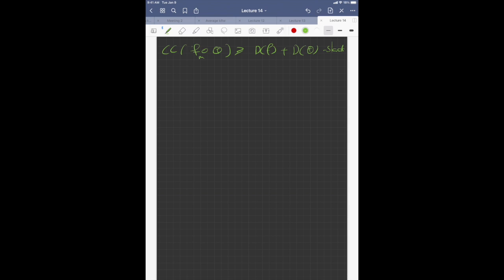So universal relation composed with parity. What is this going to be? In the normal version of composed with parity, what do Alice and Bob get? Alice gets X and Bob gets Y, and in the promise version they're given an extra promise.